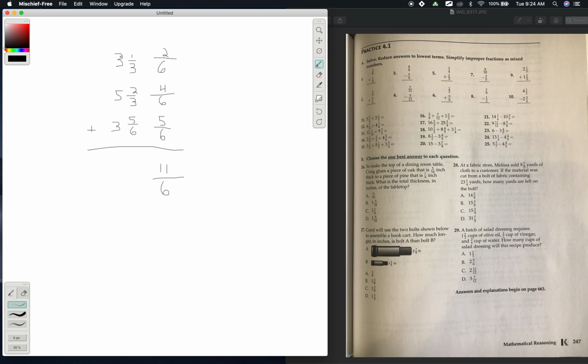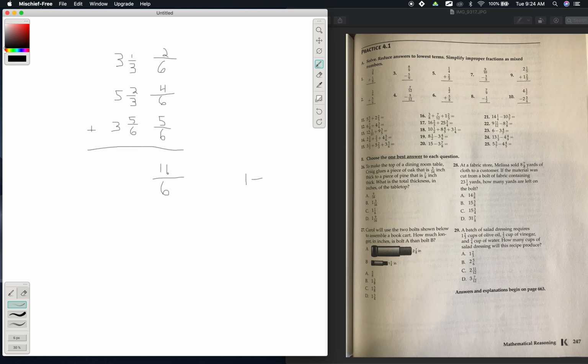Then we add these up. Okay, just like the last one, we know that we have an extra one in here, okay? Since this is above 6, let me just write this here. Essentially we have 1, okay, and how many left over? Well, we needed 6 up here to make 1, okay?